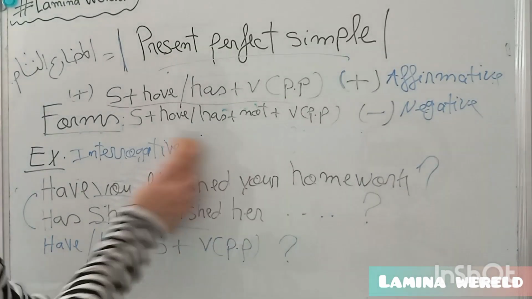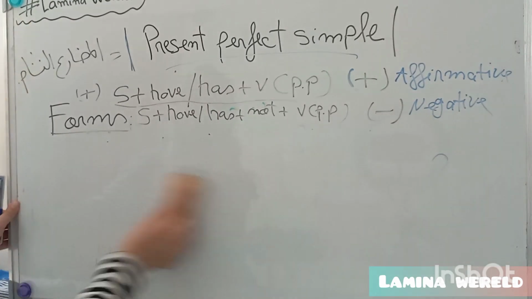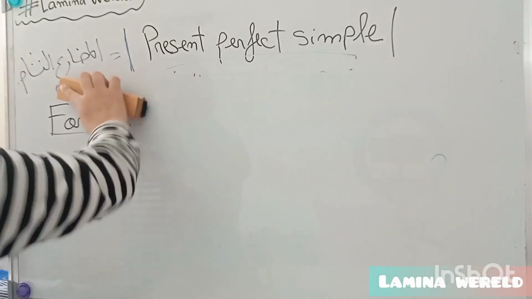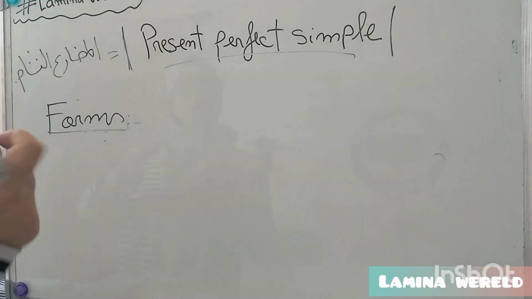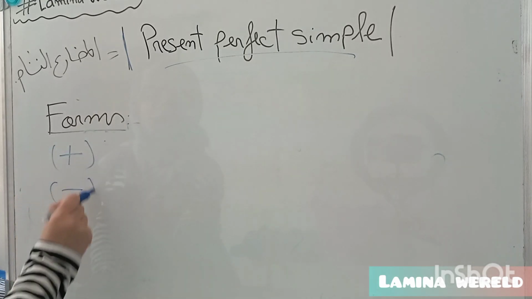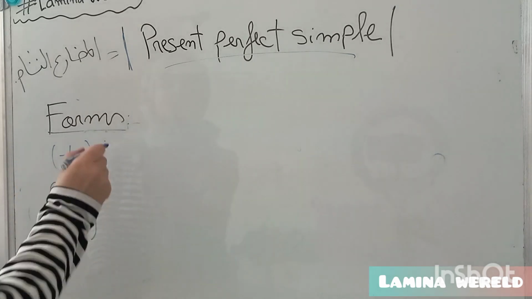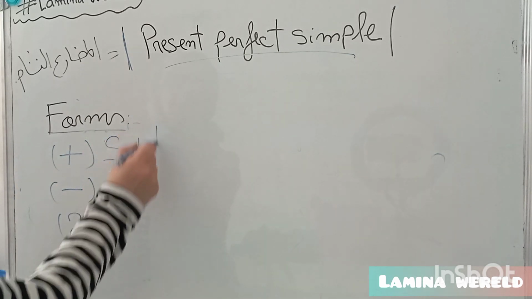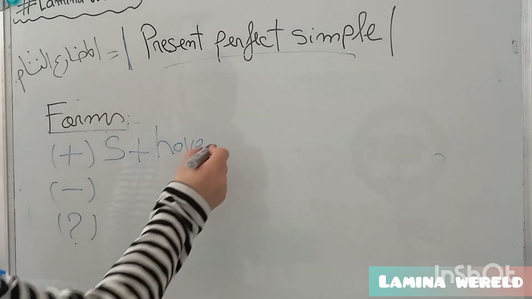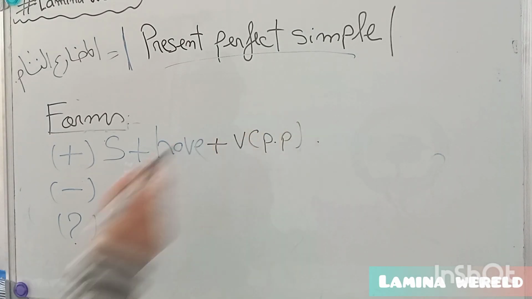Now, do you understand the interrogative form? Let's write the rule together. So here, if you still remember, there are three forms. There are the affirmative form, the negative form, and the interrogative form. So the affirmative form, we start by the subject plus have plus verb in the past participle.